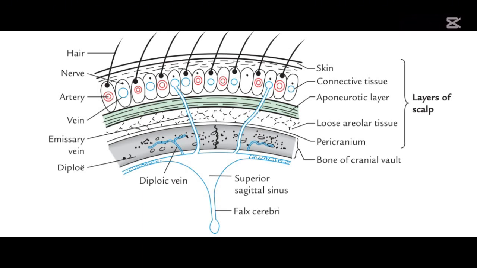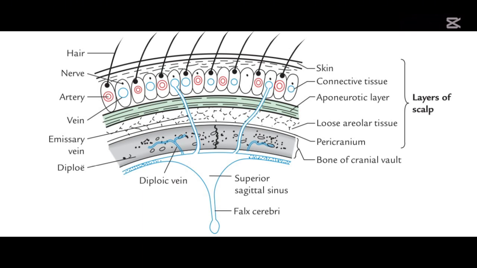What can you see superficially? First you see skin. After the skin, what can you see? Connective tissue. The connective tissue forms the superficial fascia, because when you remove the skin, you see the superficial fascia. So after the skin is the superficial fascia, which is the connective tissue in the mnemonic SCALP.